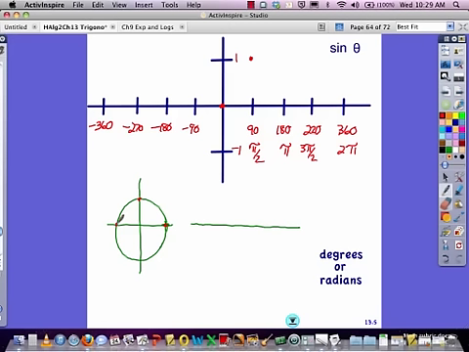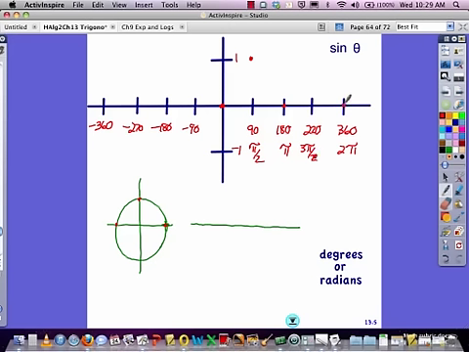Then we go, second one. What is the sine at 180? The sine at 180, we're back to 0. What is the sine at 270? Sine at 270 is negative 1. Now it's going to run into my labels here, but we're still good. And then 360, we're back at 0.